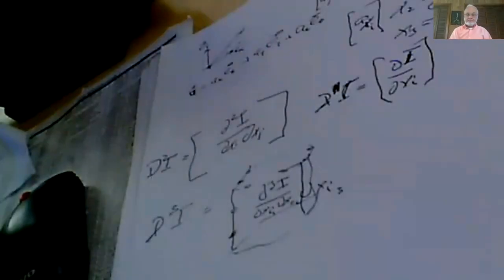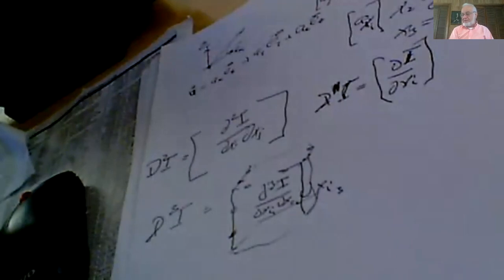And what's in here is d3I by dx_i1, dx_i2, dx_i3, where each of the x of i1, i2, and i3 can take on the value 1 or 2 when we're in a 2-dimensional space.